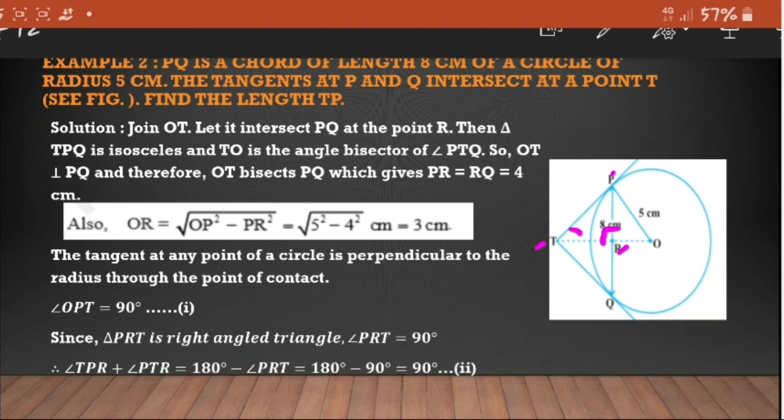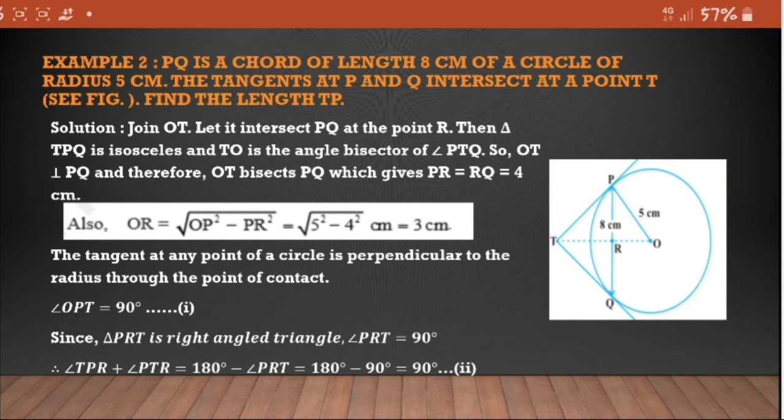That means the sum of these two angles is also 90 degrees, which I have written here: angle TPR plus angle PTR is equal to 90 degrees. Again, look at here, OPT, that means this angle, can be written as TPR plus OPR.